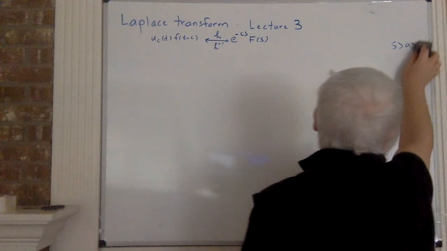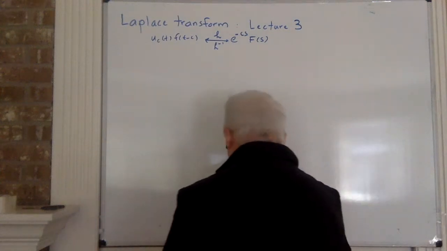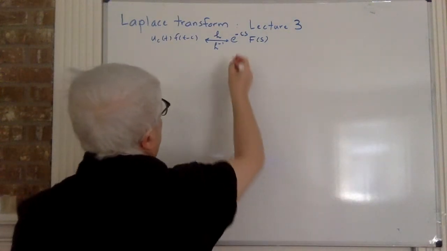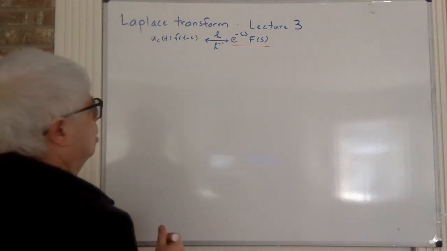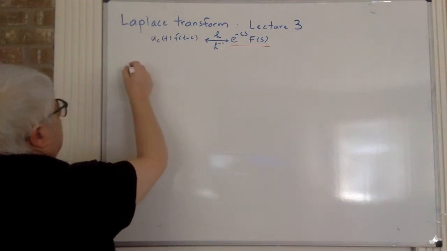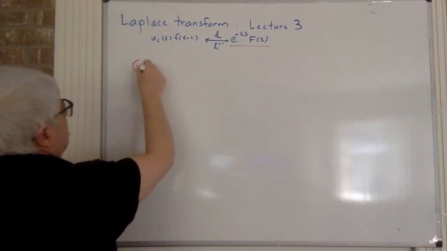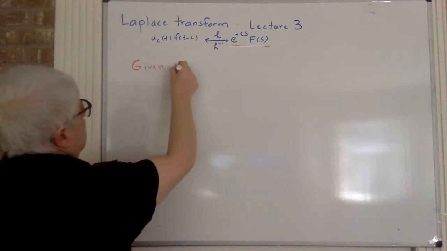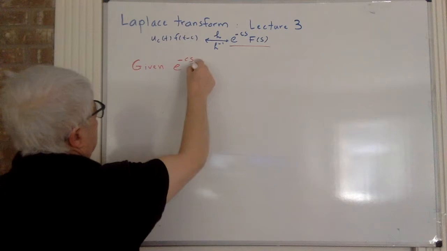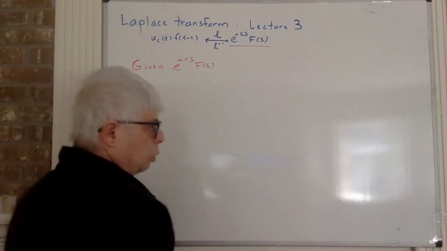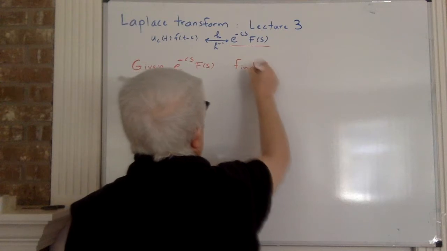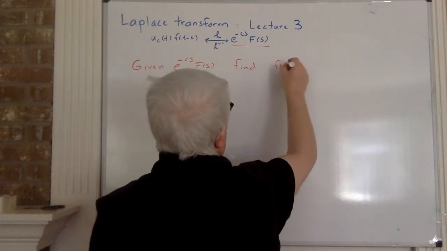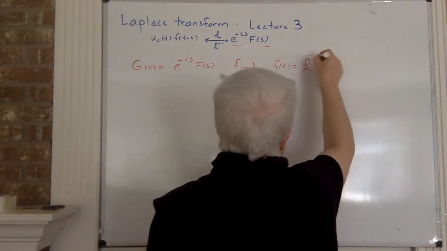Now, what does this tell me regarding this? If I have this, how can I find this? So let's say given this, find f(t), which is L inverse of F(s).